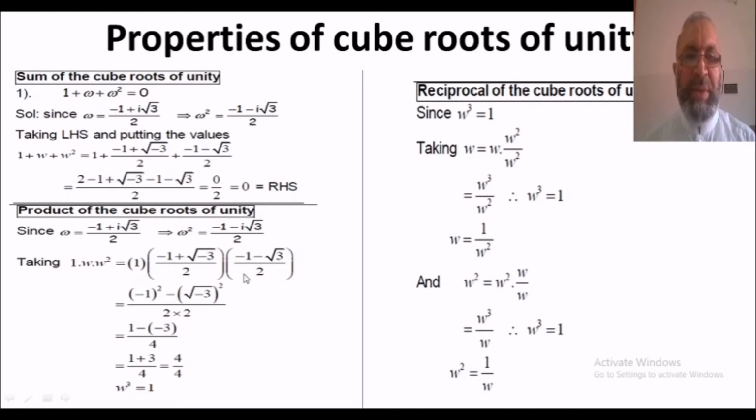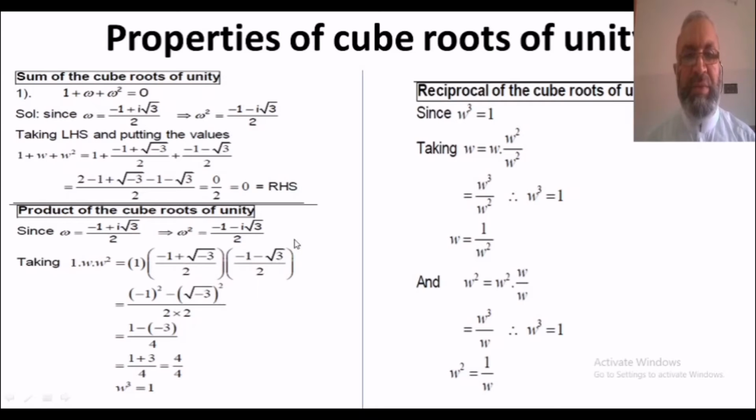So 1 multiplied by any term remains the same. Again look at the two factors. We get the form A plus B, A minus B, where the first term is minus 1 in both, and the second terms are plus and minus i√3.